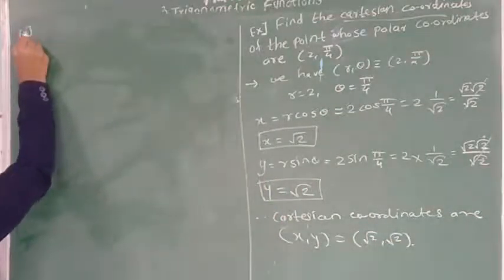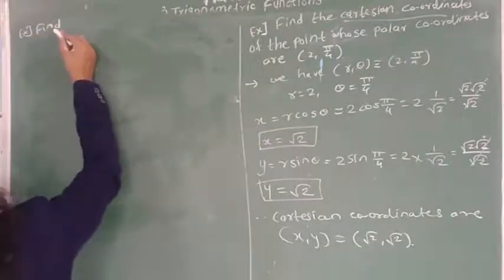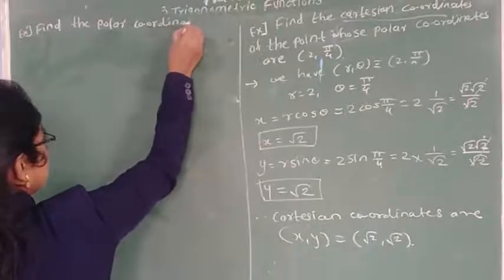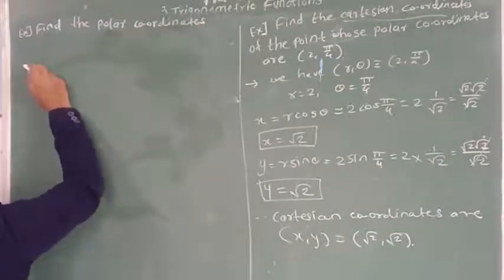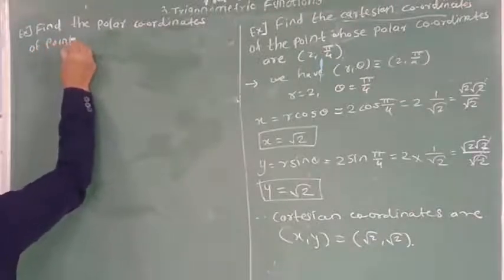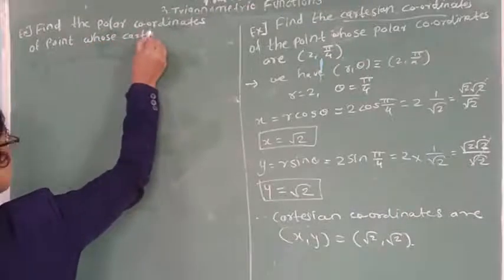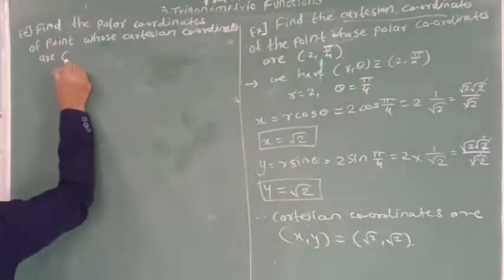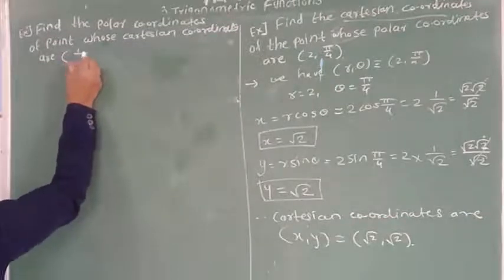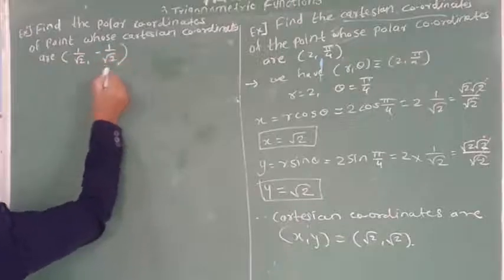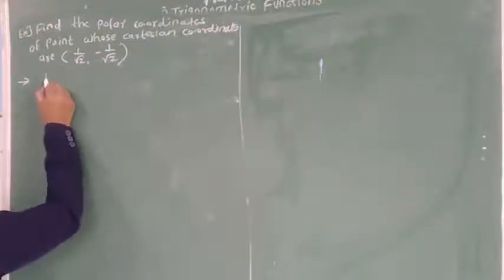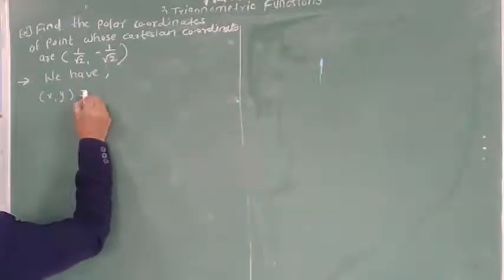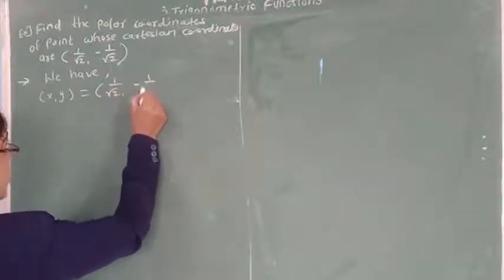Next example is: find the polar coordinates of the point whose Cartesian coordinates are 1 upon root 2 comma minus 1 upon root 2.